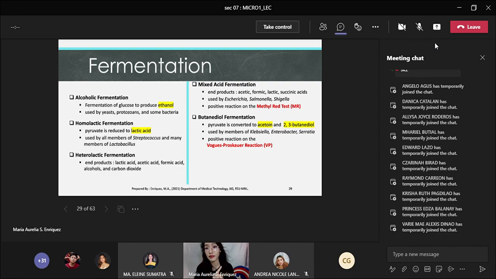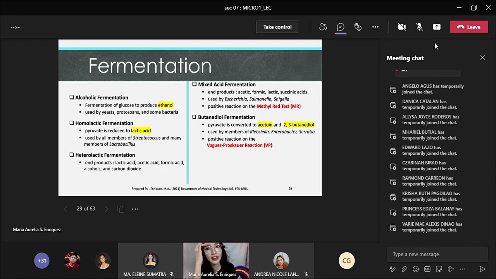Take note though that medically significant bacteria can either be positive for methyl red or Voges-Proskauer, but never both. Okay po? So pwedeng mag-negative sila parehas sa MR at VP, but it can't happen that they're positive for both. Okay, naintindihan mo ba? So please don't forget that. Magagamit niyo po yung informasyon na yan pagdating nyo sa lab classes nyo.